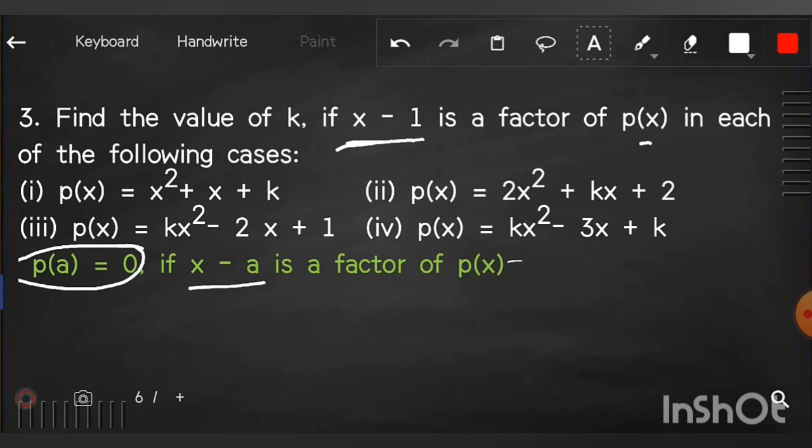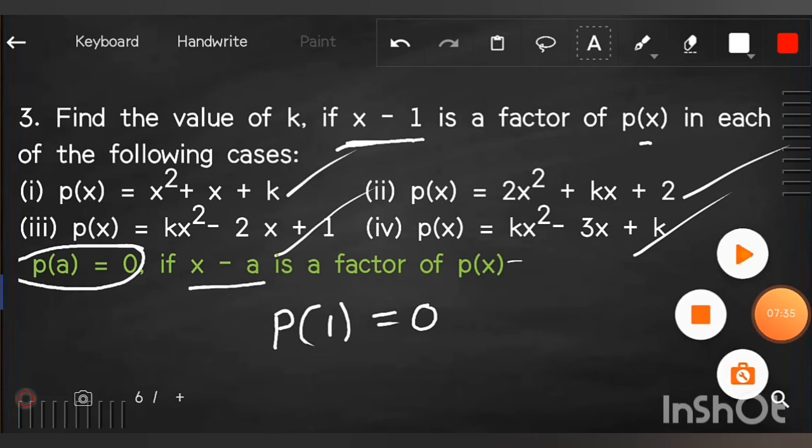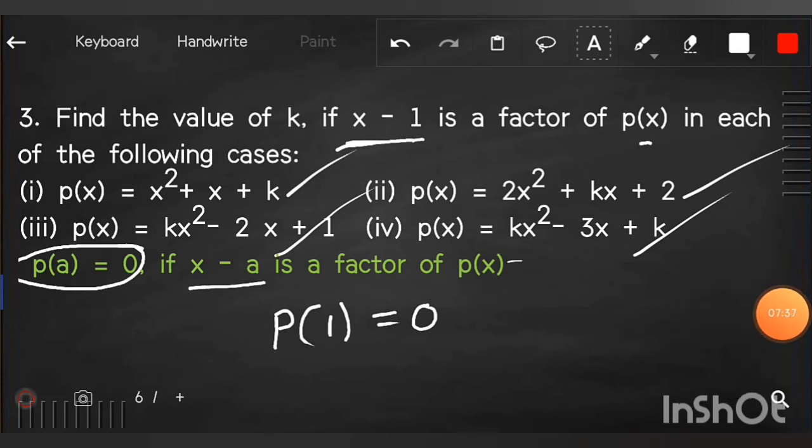That means p of 1 should be equal to 0. If this happens for each of these, we'll say that x minus 1 is a factor of the polynomial. So now we'll use this condition to find out the unknown variable k.